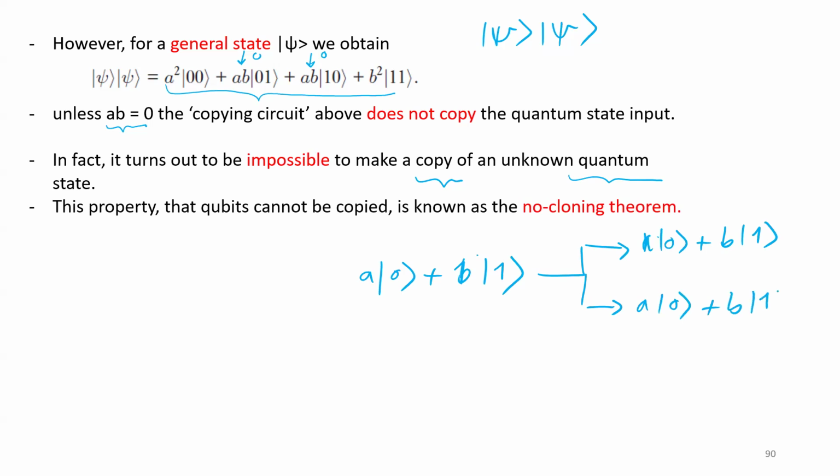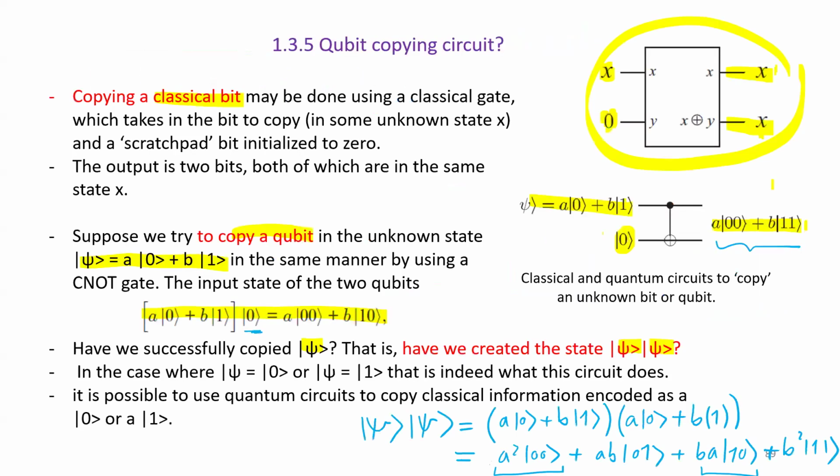You cannot end up having two copies of your state. The only way is if you actually remove one of those guys, like put B0, then A0, the 0 state, can be copied.